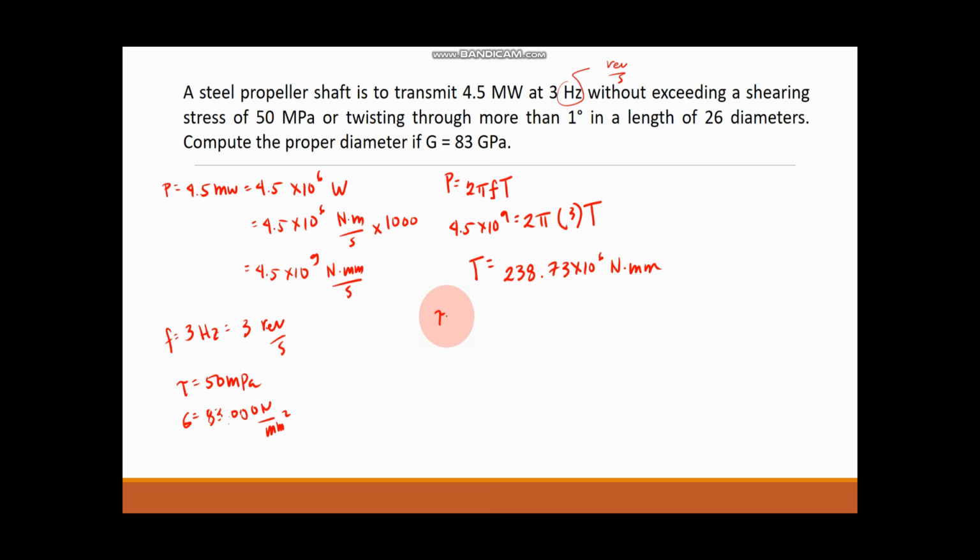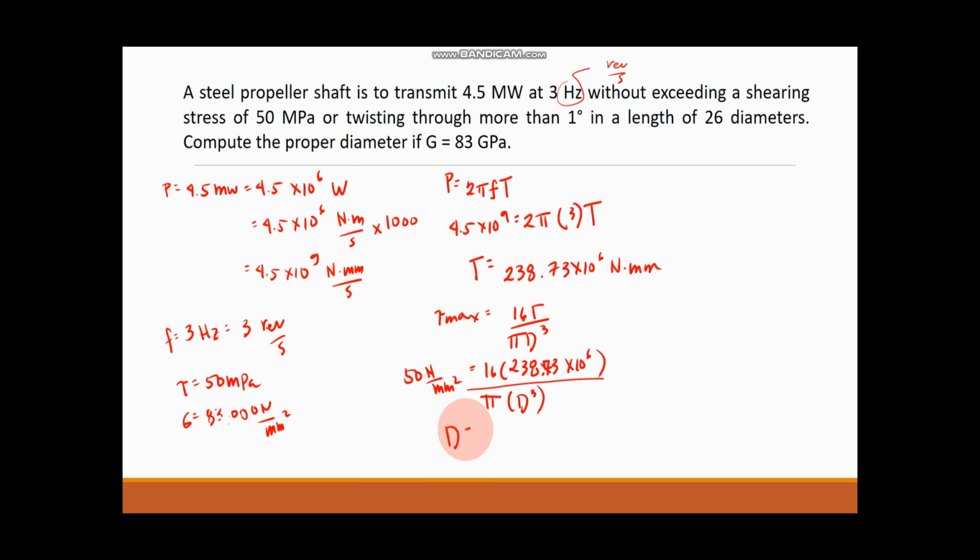And then our maximum shearing stress is equal to 16 T all over pi d cube. So 16 multiplied by 238.73 times 10 raised to 6. Our shearing stress is 50 megapascal or 50 Newton per square millimeter.